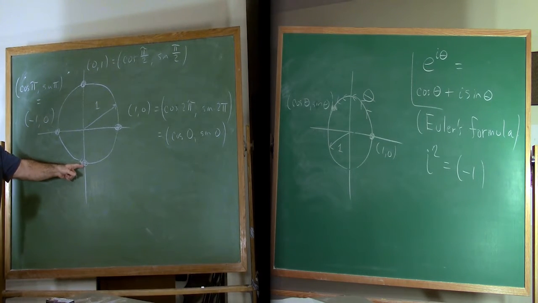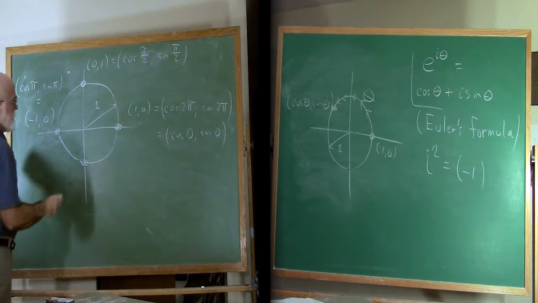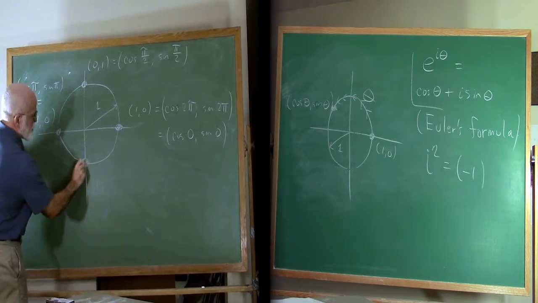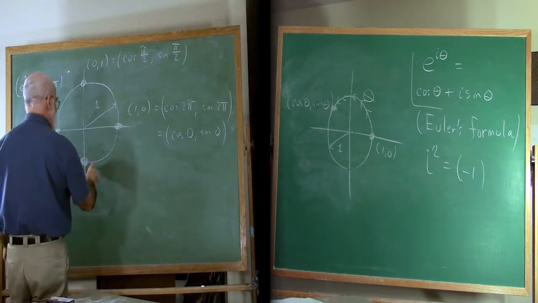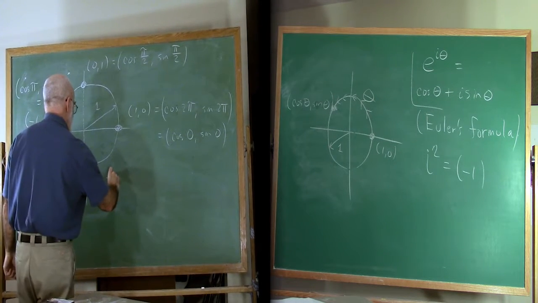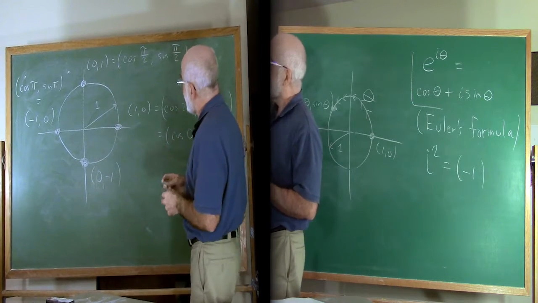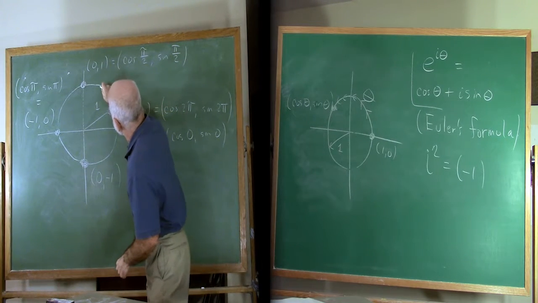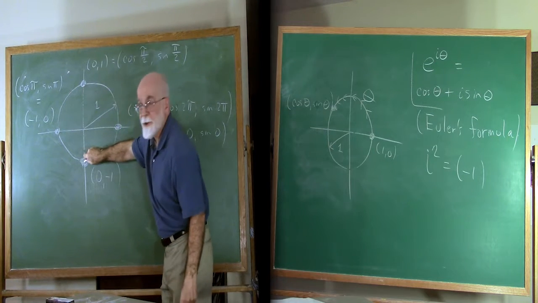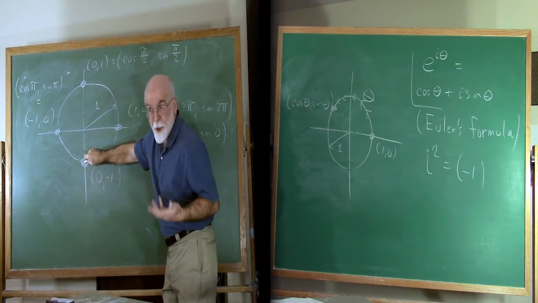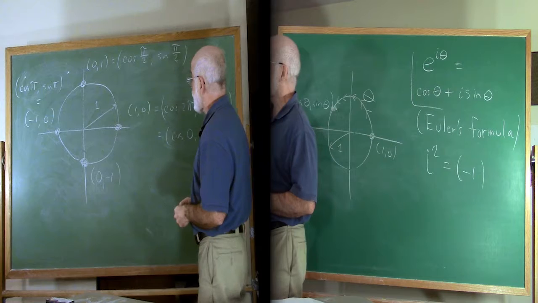This one we haven't actually done. I'll leave it to you to do the geometry you need to notice that the point 0, negative 1, that looks like an arc length of 3 pi over 2. 3/4 of the way around the circle.